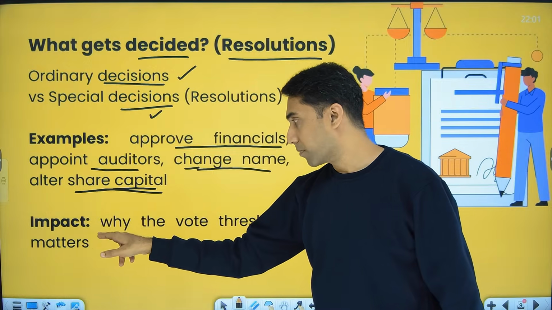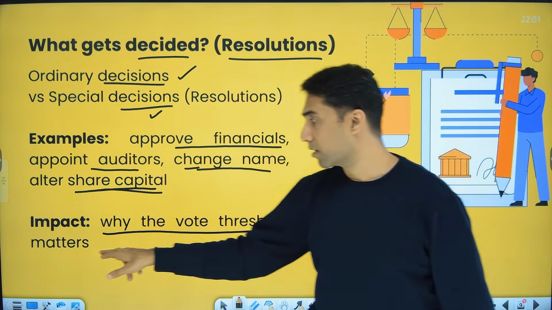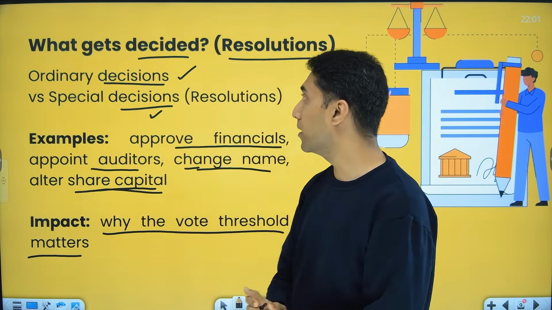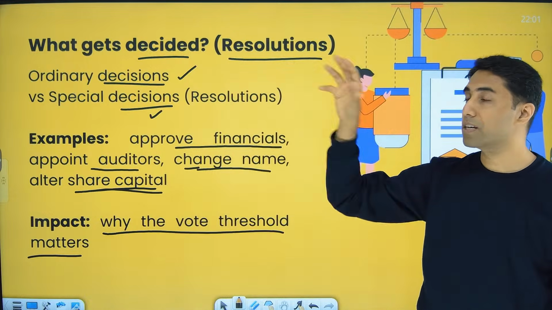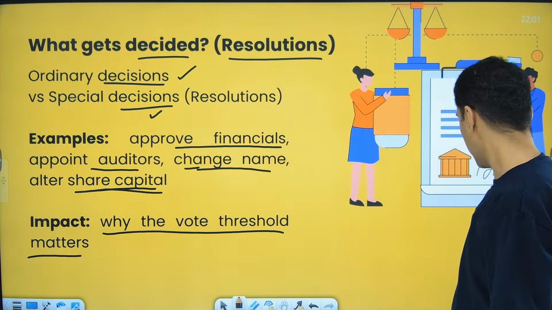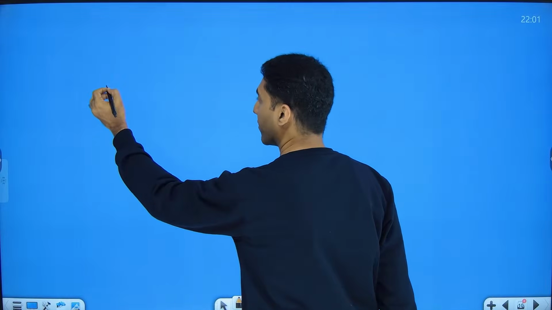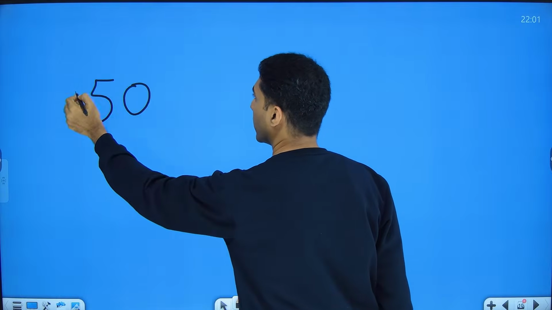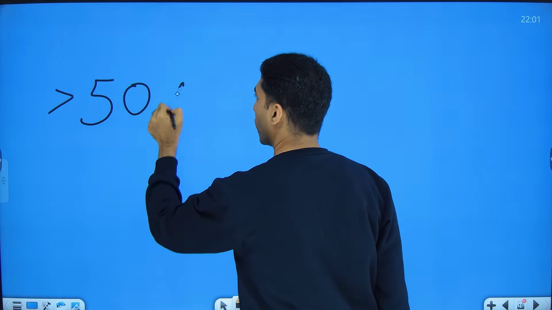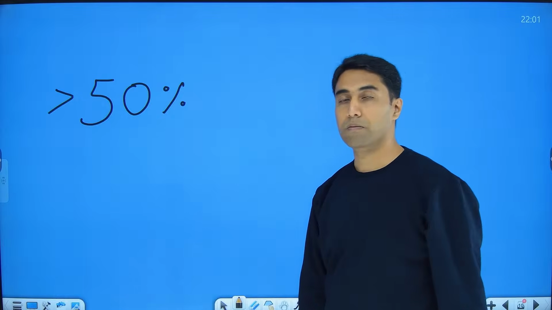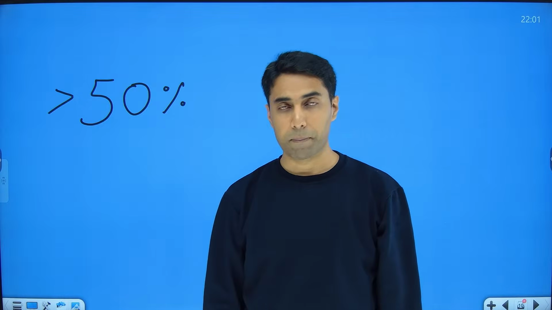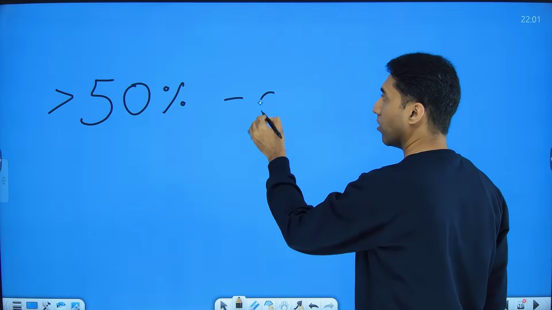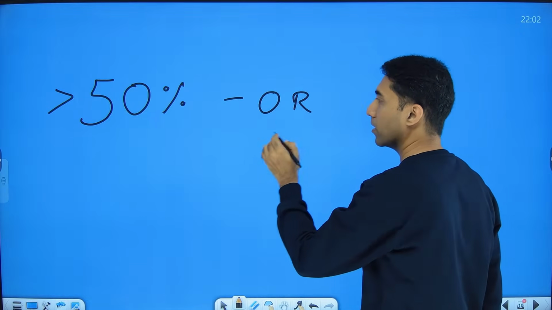So what is the impact? Why does the vote threshold matter? Why do we have a threshold? In simple terms, ordinary decisions or special decisions, what we call, you need to understand: wherever you need more than 50% of the members or shareholders present and voting, we call it an ordinary decision or an ordinary resolution.